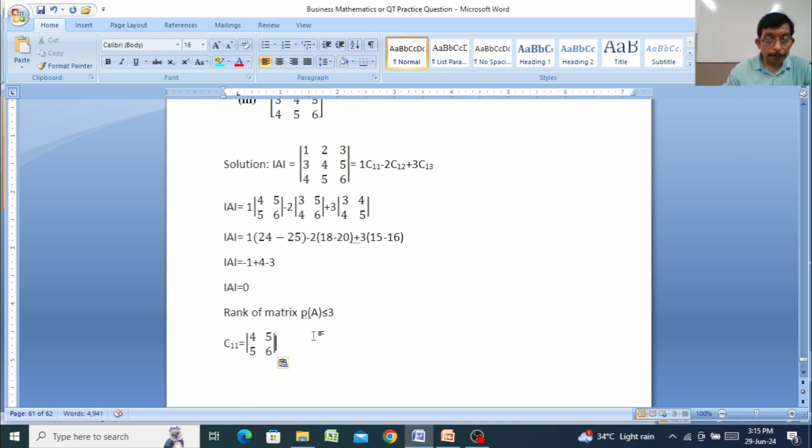C11 is equal to 4 times 6, the difference of the cross multiplication of the elements, 24 minus 5 times 5, 25.